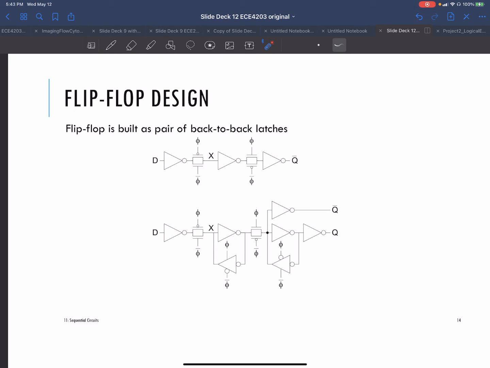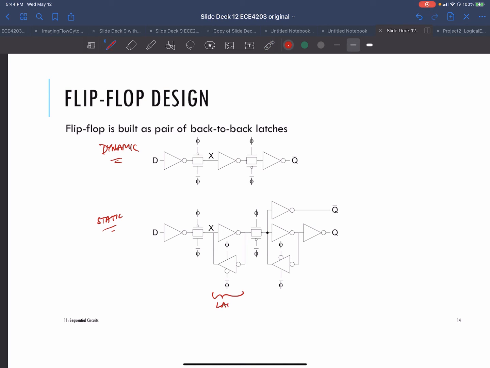Well, hopefully it'll become more clear when we start talking about actual clocking. But let's just keep going. One thing is that flip-flops also can be either dynamic or static. The difference being that the static has the positive feedback latch and the dynamic has the dynamic latch. So let's talk about the static case.